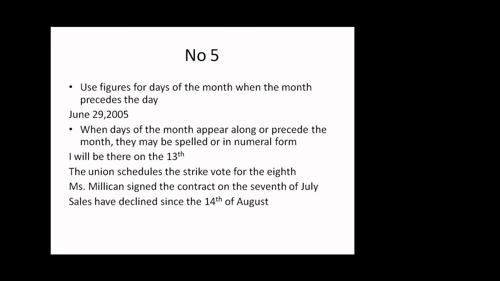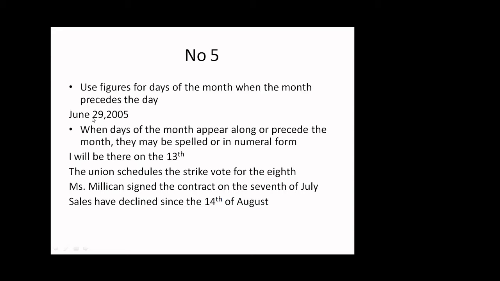Next is rule number 5. When you are giving a date like this, if the month comes before the day, in that case, June 29, 2005, this is the way you write.